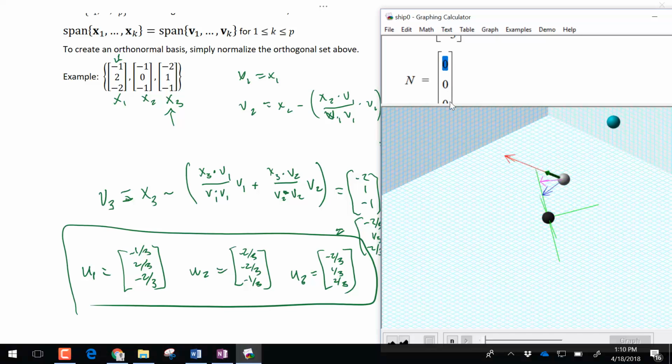Now let's see what happens when I include my second vector. My second vector is minus 2/3, minus 2/3, and minus 1/3. Now, I got another vector there.